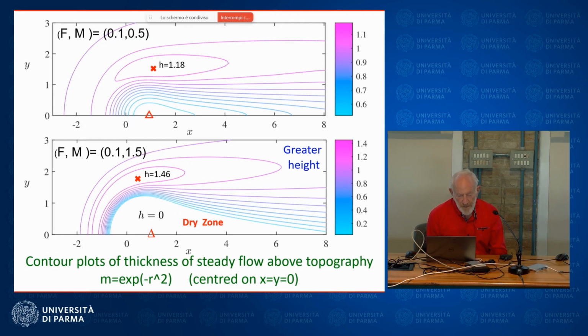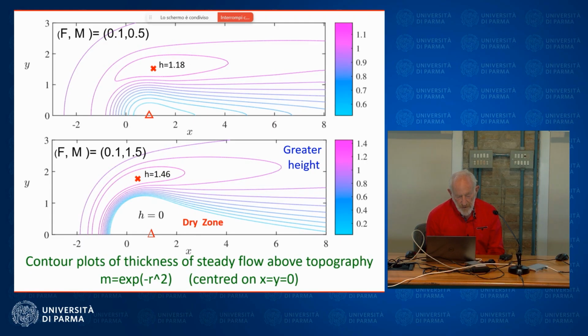In the top one, you see everything is overflown by the lava, and the thickest it is is 1.18. The height of the topography is 0.5. On the other hand, if you make a greater height with the same flux, then you have a dry zone, because on that greater height it just can't get over it.